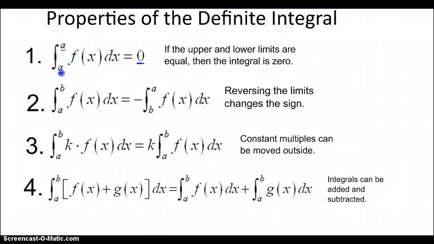Well, if we start at a and we end at a, we don't have any width, right? So our width would be 0 in this case, and 0 times any height is going to be 0. So if the upper and lower limits are the same number, then the integral will equal 0. So make sure you know that one.